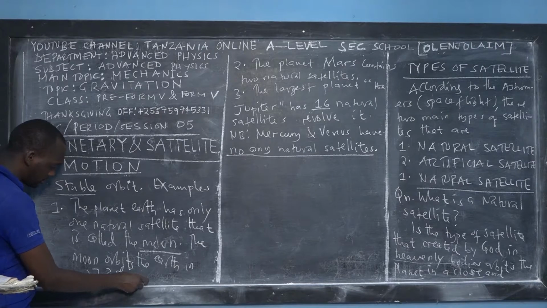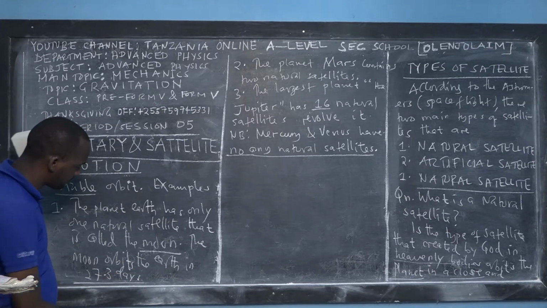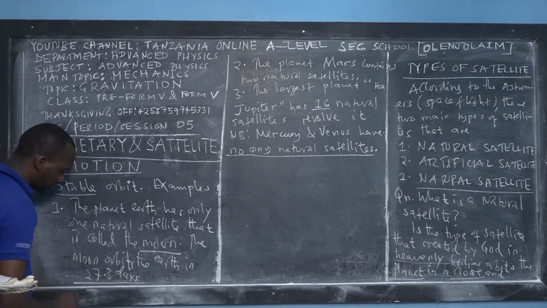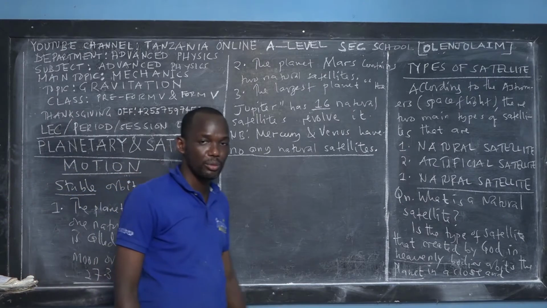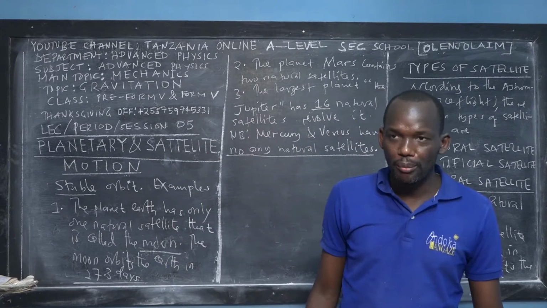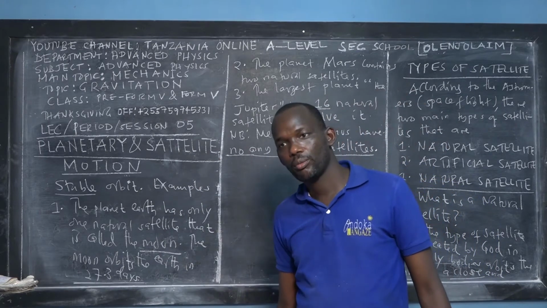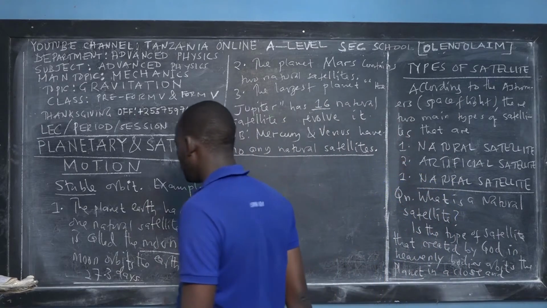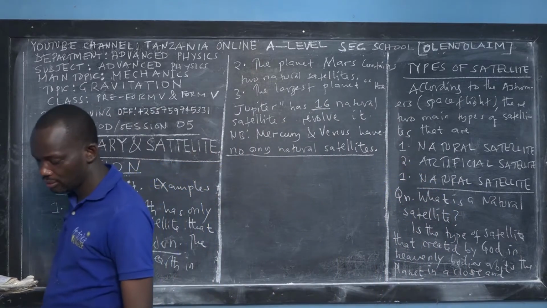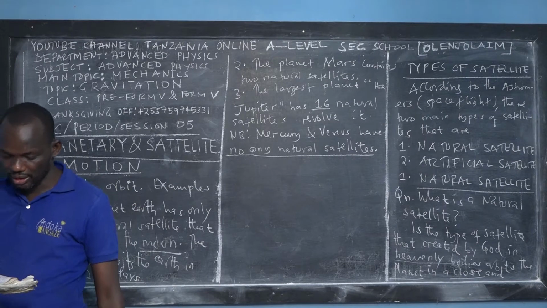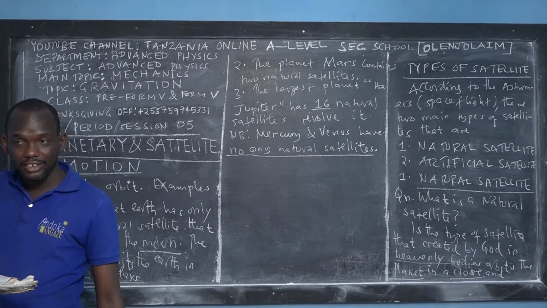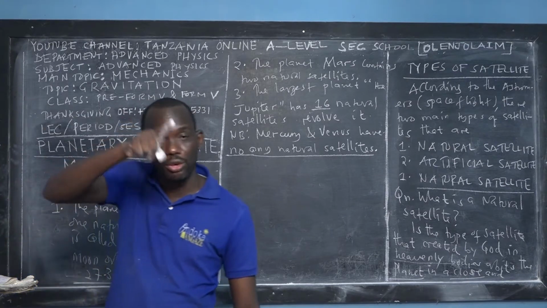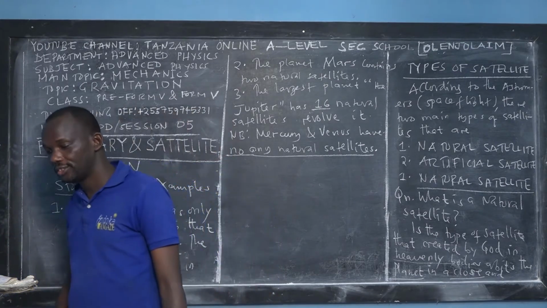Very important, because in some of the problems you might find that the Moon is mentioned. So the period of revolution of the Moon should be in your mind: 27.3 days. That's the time the Moon takes to complete one revolution around the Earth in a close and stable orbit.